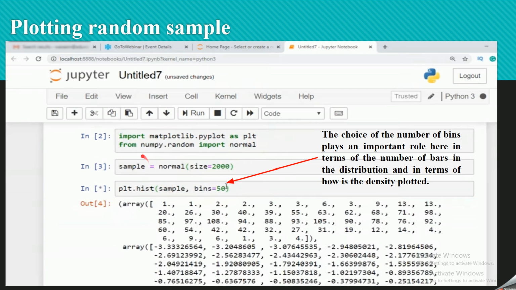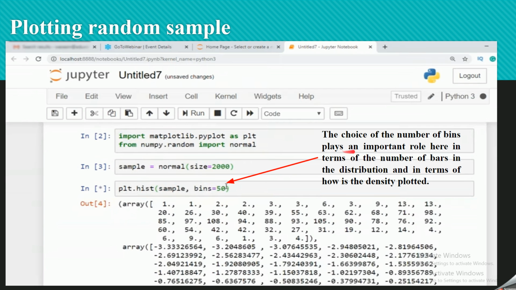Now I need to plot a random sample. So with the help of the normal function, I am keeping the size of that sample to be 2000 and plotting the histogram using the matplotlib library, where I am keeping the number of bins to be 50.